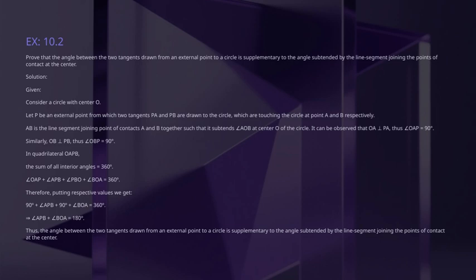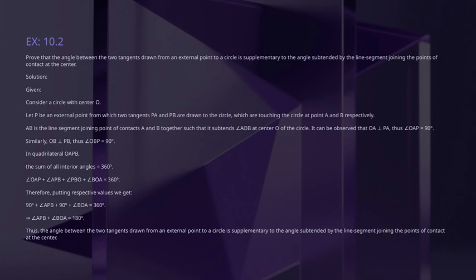This helps us understand the relationships between the tangents, the contact points, and the center, reinforcing the geometric connections in this configuration. Finally, when P is an external point from which the tangents PA and PB are drawn, these tangents touch the circle at A and B respectively.